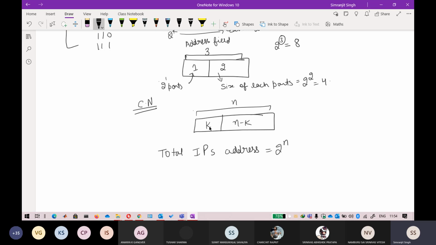It means the total networks that are possible is 2 raised to power k, and the size of each network is 2 raised to power n minus k. It is as simple as that.